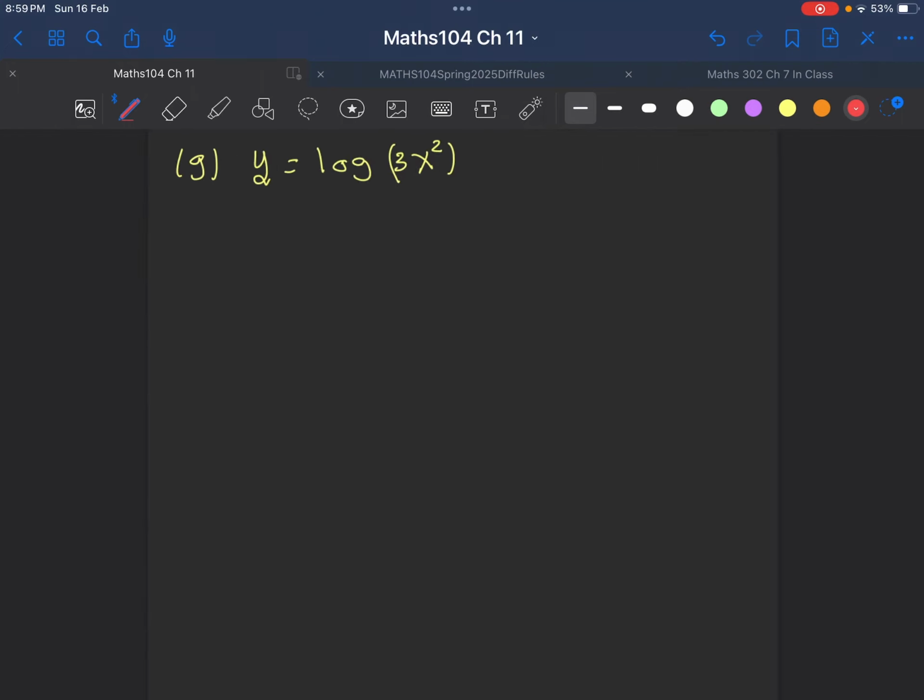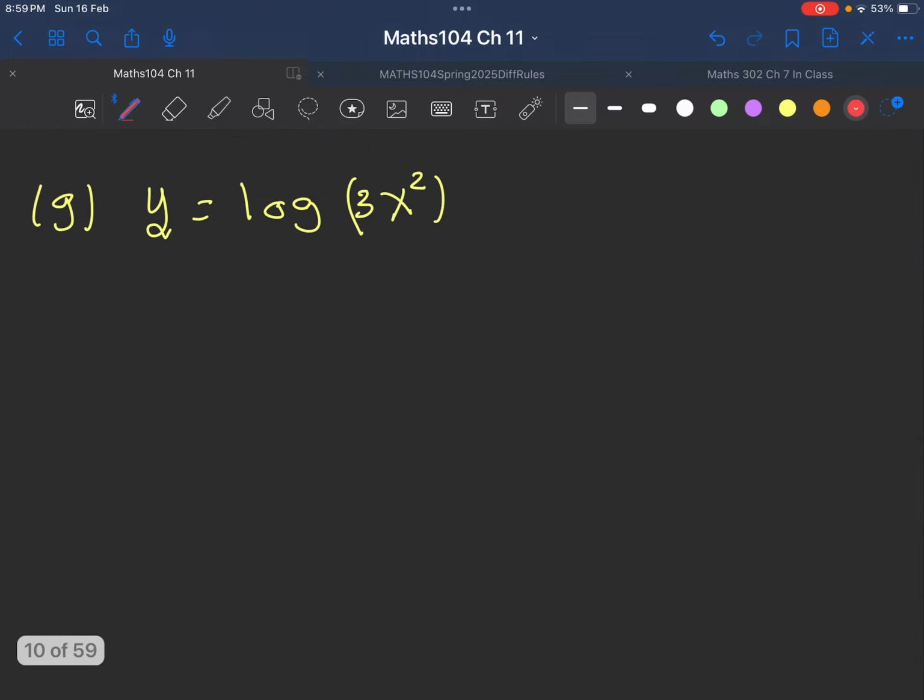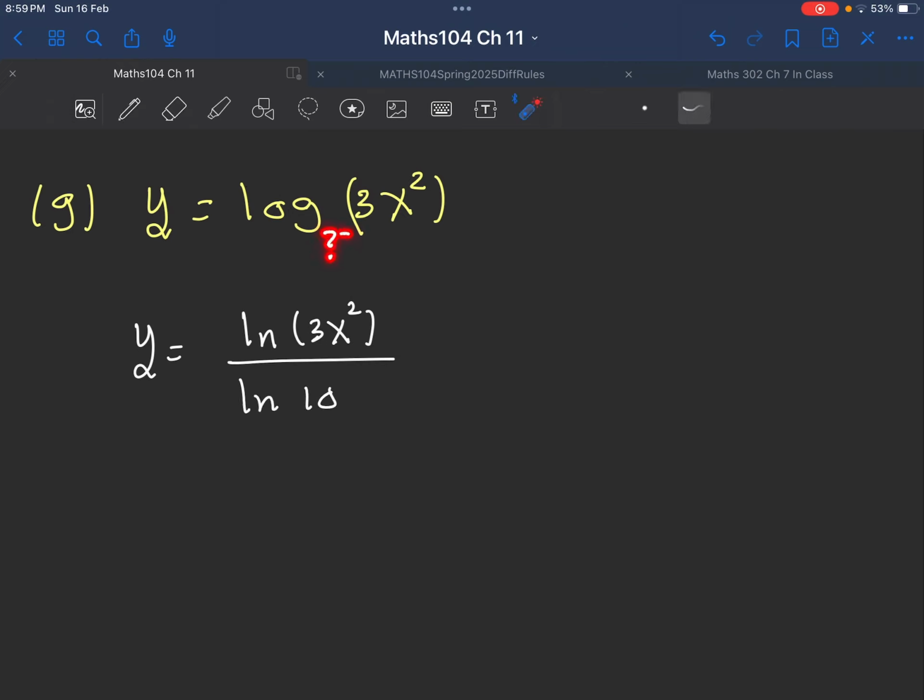Next step, we need to find the derivative of this log, which will be ln 3x squared divided by ln 10. Why ln 10? Because what is the number that I don't write here? This number is 10 because this we call the common logarithm. Now we just need to find y prime.